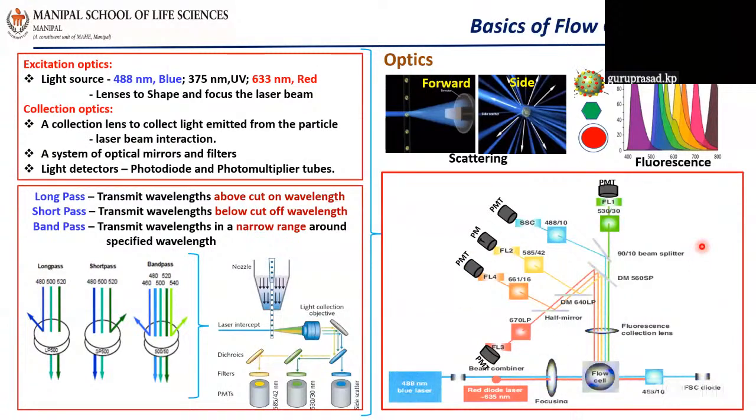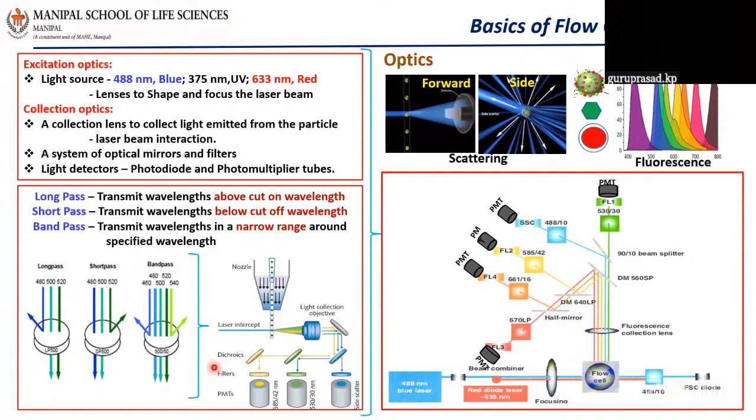Now what actually are these photomultiplying tubes? See, for example, here on the left side, the cells are moving in a single line, laser light is coming, and the cells when exposed produce a light, it is reflected and separate wavelengths are diverted. The blue color is going here, the green color is going here, yellow color is going here, and like that red color is going to another side.